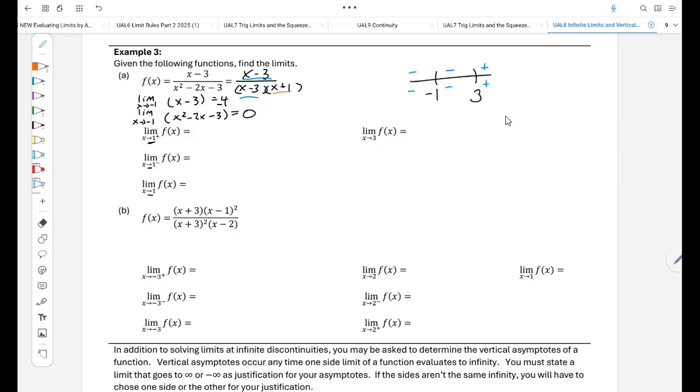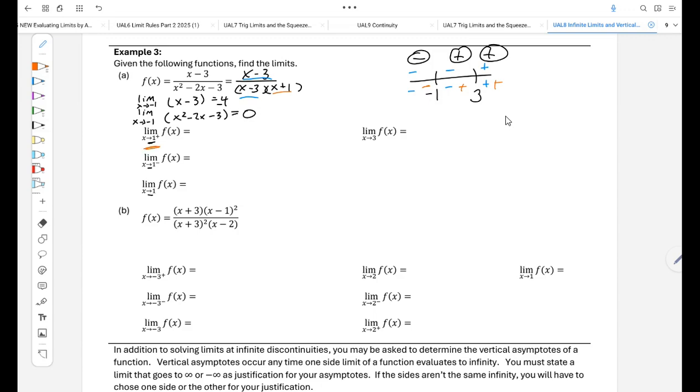Take your x plus 1. That's going to be negative before negative 1, and positive afterwards. Your overall signs are negative, positive, positive. We'll use those signs to put the signs in front of our infinities.